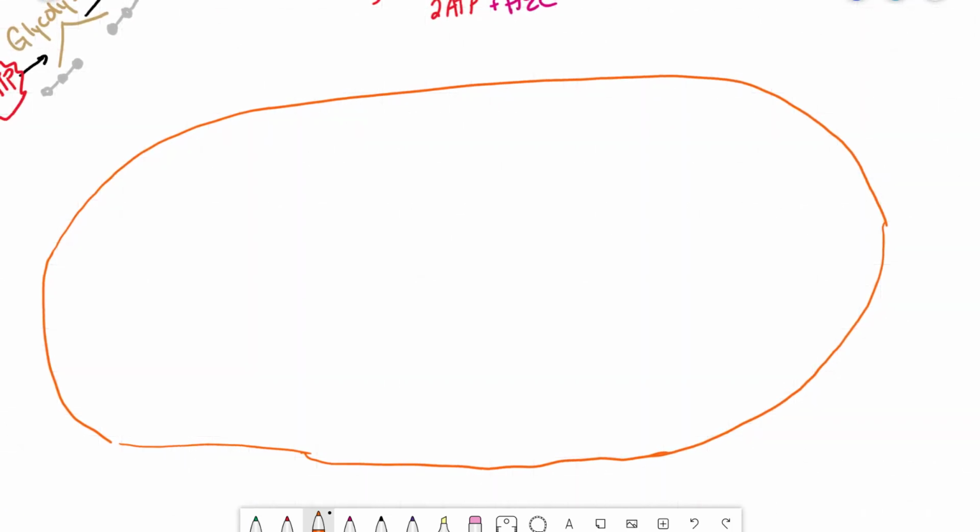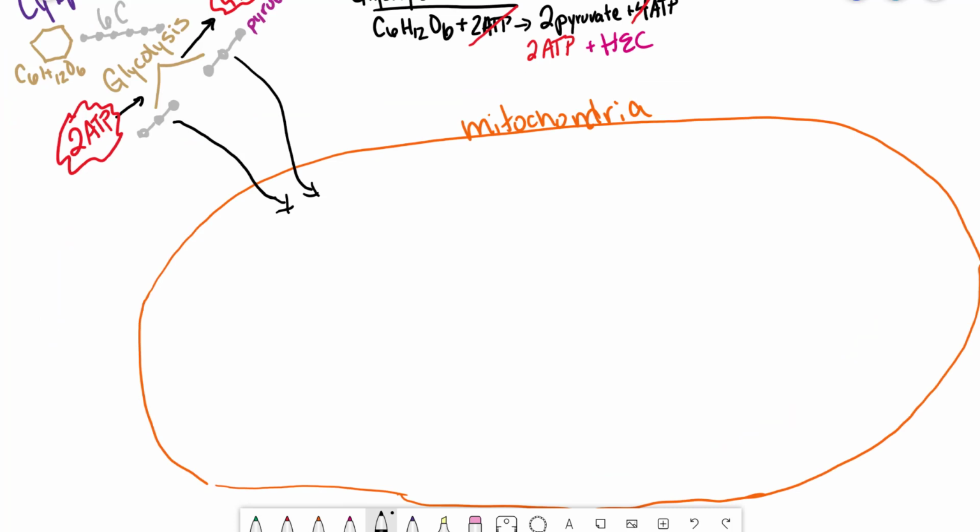And so this is the mitochondria. Now, our pyruvates that we made in glycolysis are going to diffuse to the mitochondrial matrix.